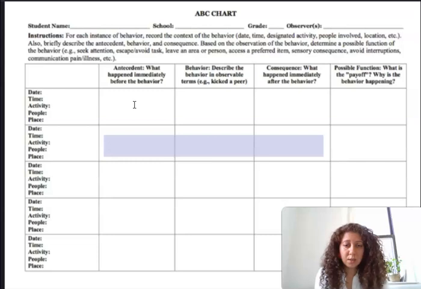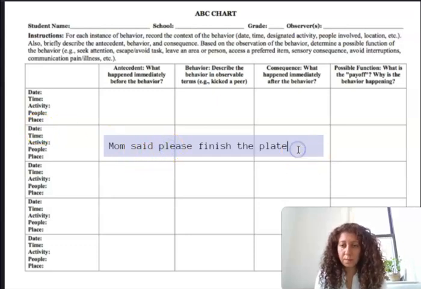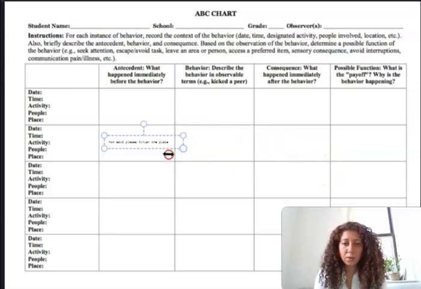So let's just write an example. So mom said, please eat all your plate. This should only be in this one box here at the first column.